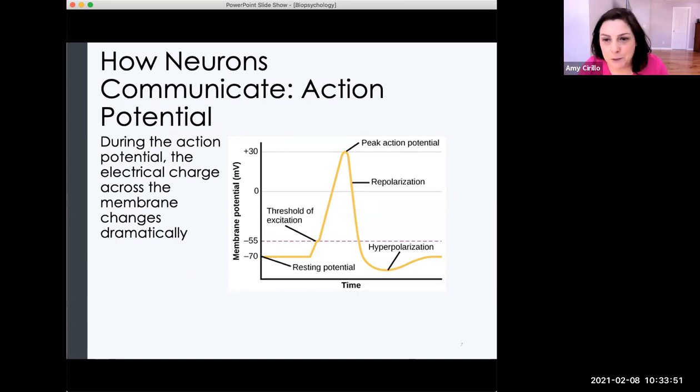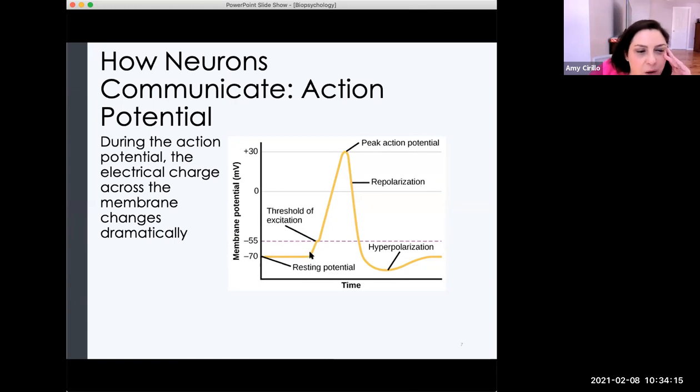Well, it's not really perfect, because then there's no communication going on between your brain cells. But when certain cells in your brain are quiet, they're resting, it's negative 67 something is the charge, right around here. See how it says negative 70, but it's really a little bit lower than that.